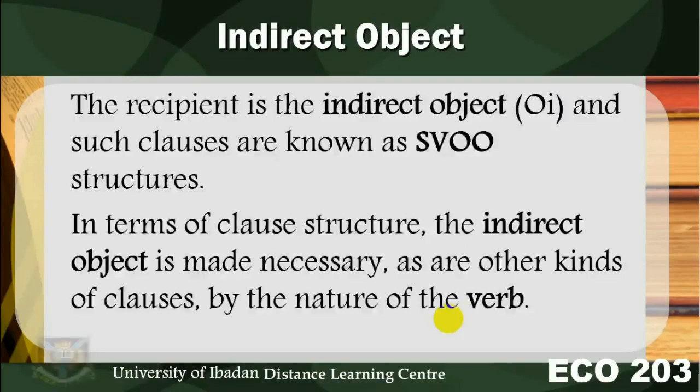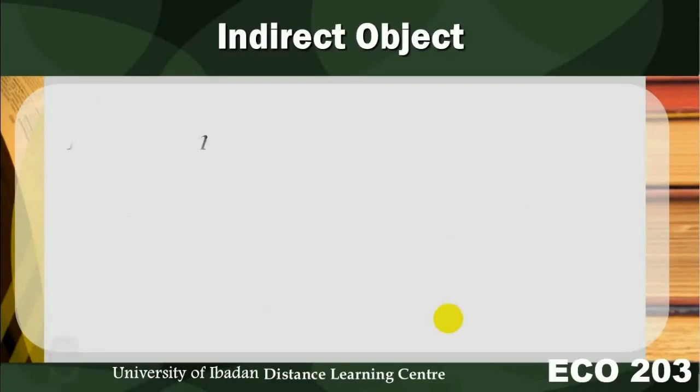In terms of clause structure, the indirect object is made necessary, as are other kinds of clauses, by the nature of the verb. This time, it allows 2 objects to be used within the clause. It is not possible to have a clause with only a subject, verb, and indirect object.